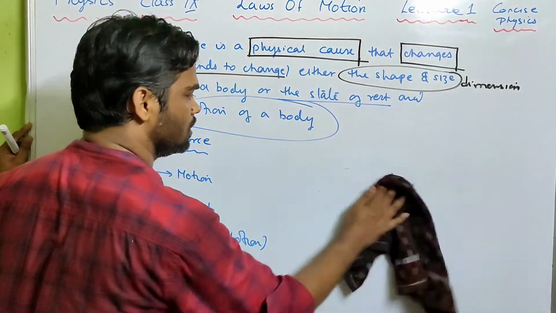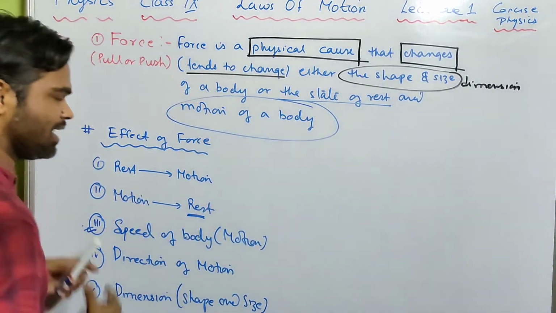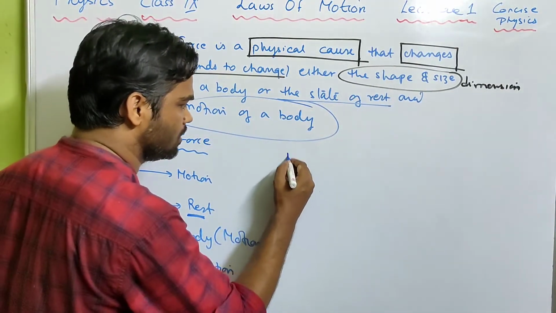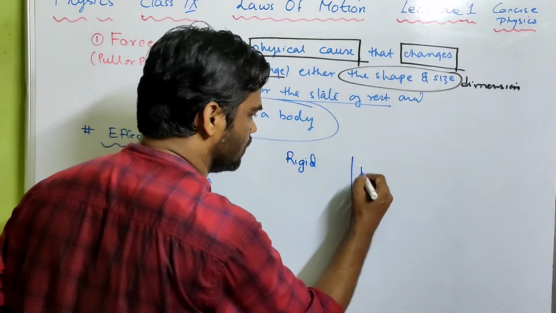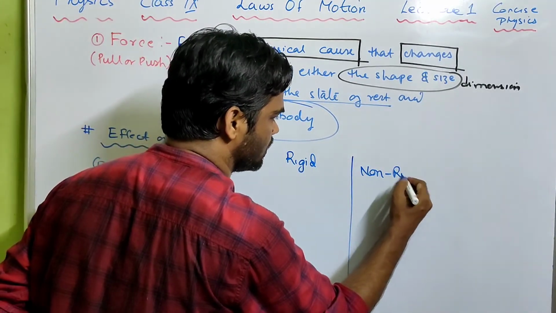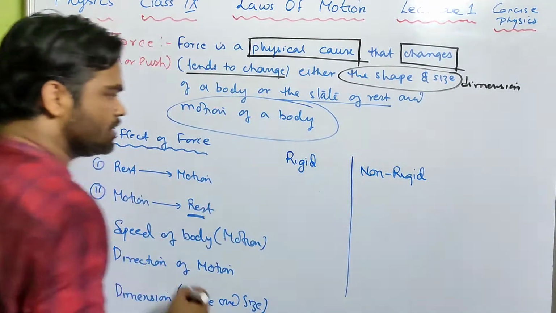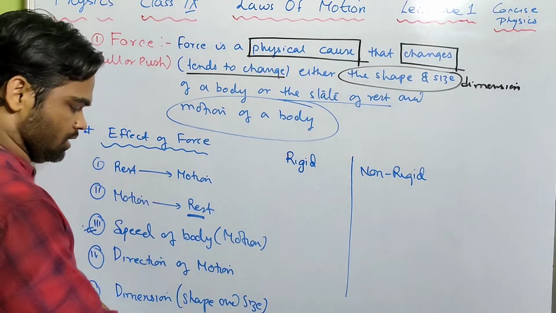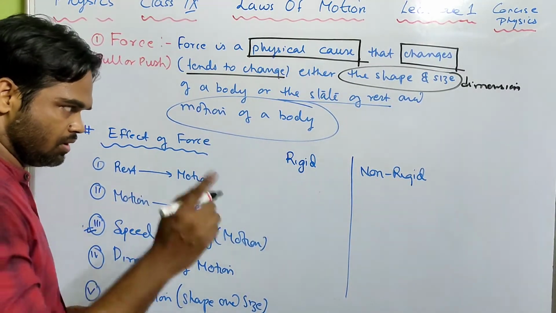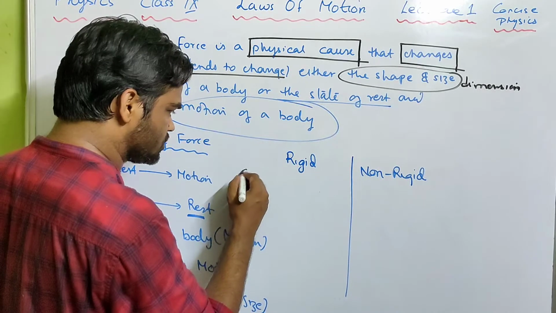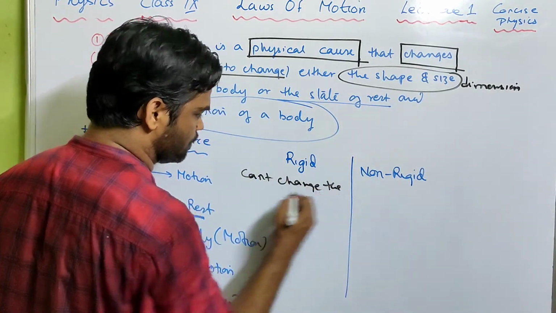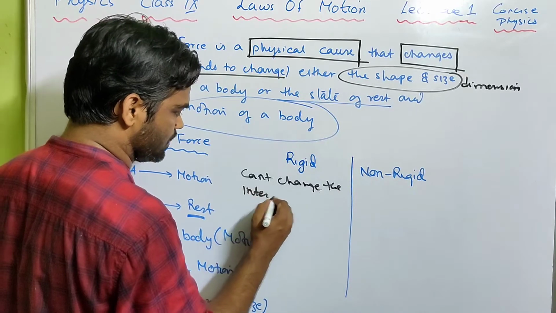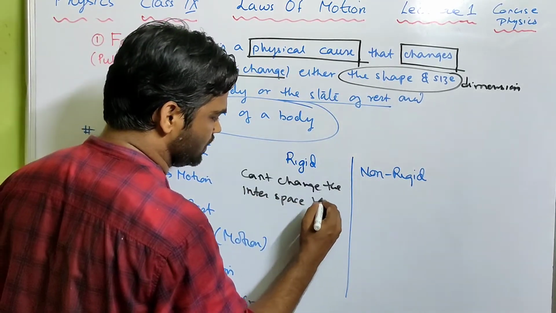Now, one more thing we need to remember here. What happens when force is applied on a rigid body and a non-rigid body? First of all, what is a rigid body? See, a rigid body is the one in which if you apply force, you can't change the interspace between the particles.